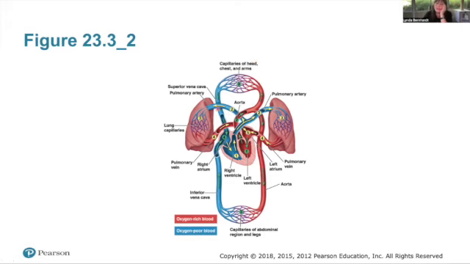So superior vena cava is on top, inferior vena cava is the bottom. They both come in and they drop into the right atrium. And every time your heart goes boom, boom, boom, boom, it's actually called lub dub, lub dub. It is the valve opening. The valves are like one-way doors because the blood is supposed to only go one direction.